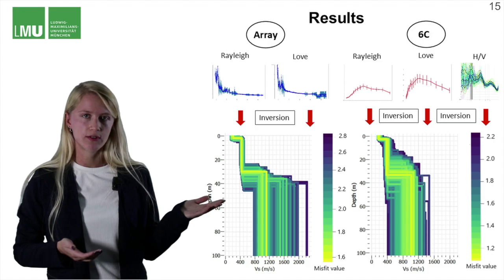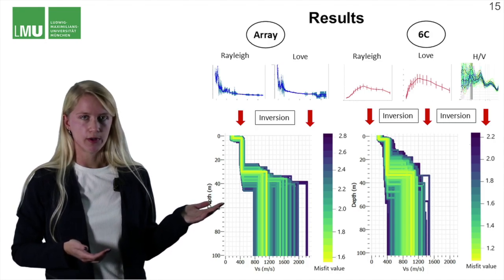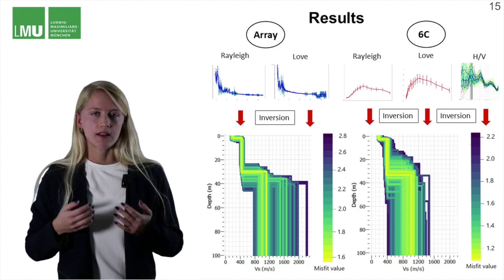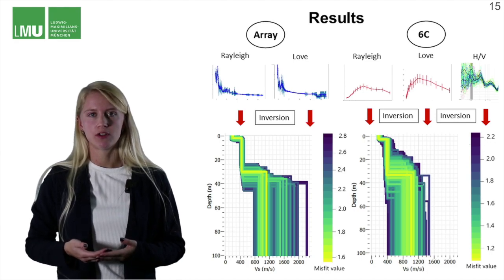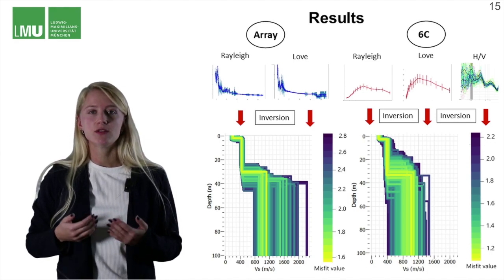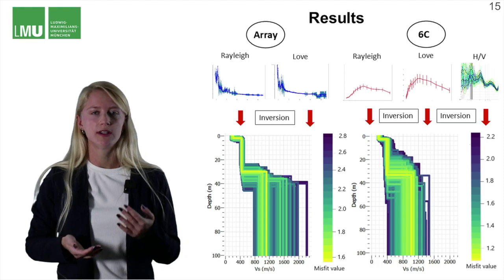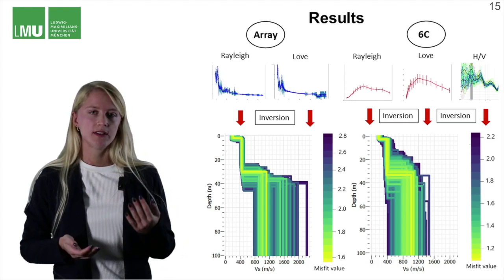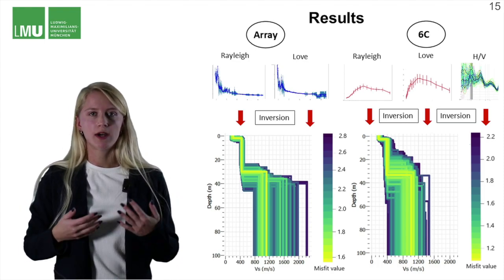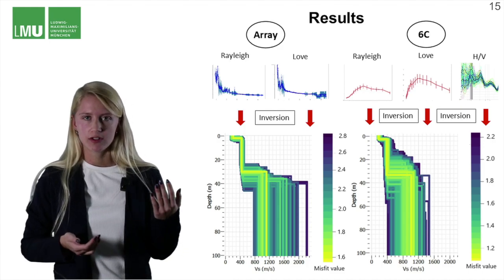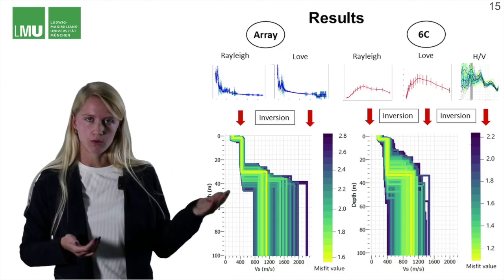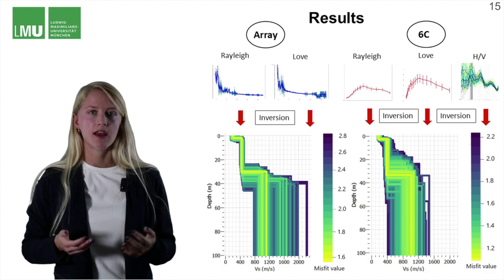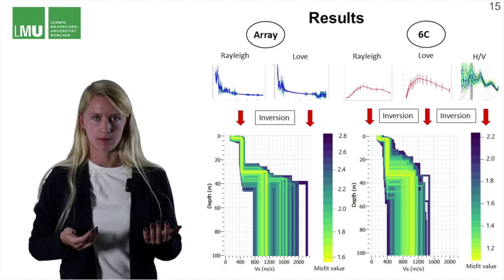Here I've only shown the S wave velocity profiles as a comparison. The colors represent the misfit of the different computed models, and since we want a low misfit, we're looking at the yellow models. We can see that both profiles look quite similar. In both cases, the profiles reach a depth of 100 meters, as we wanted, and we see 2 velocity steps.